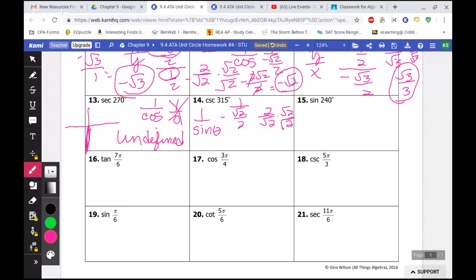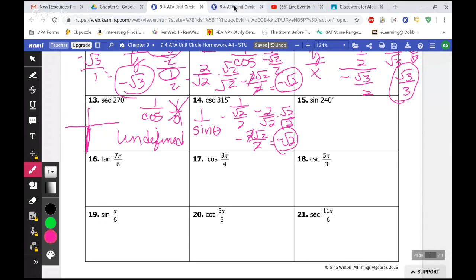So that's going to give me 2 times root 2 over 2. And the 2's cancel. So that's going to be, I'm sorry, root 2. So cosecant 315 is negative root 2.